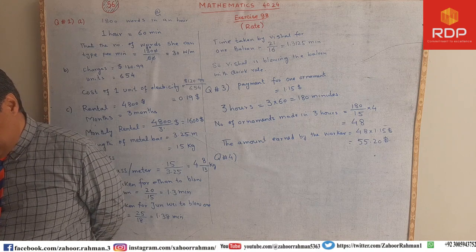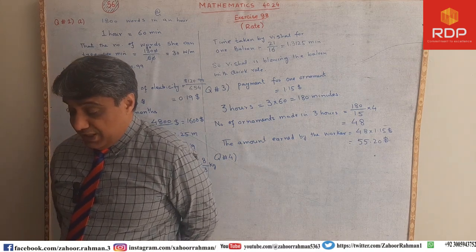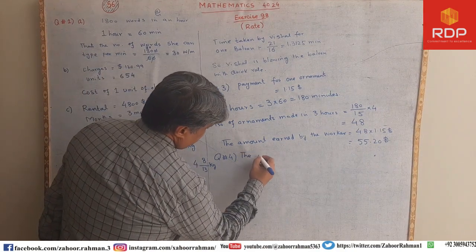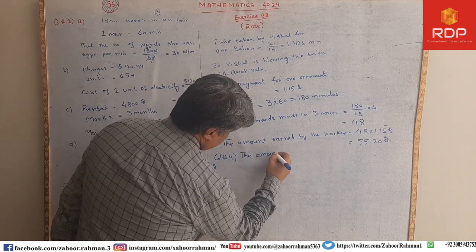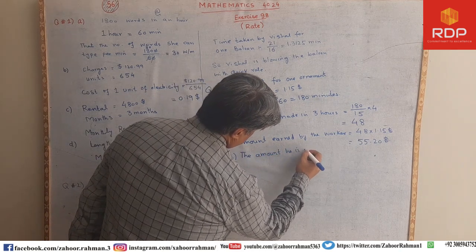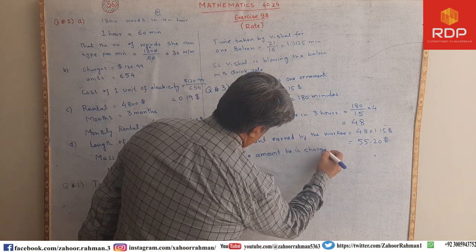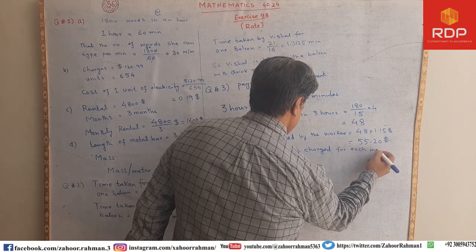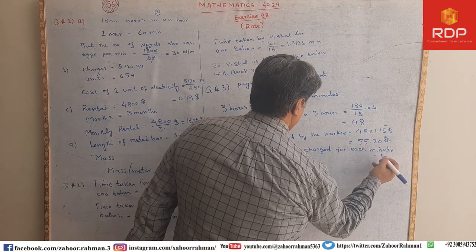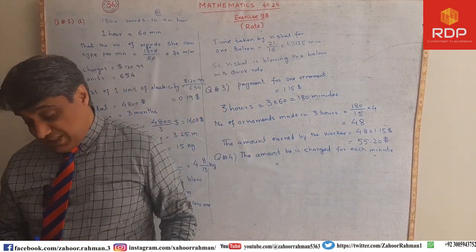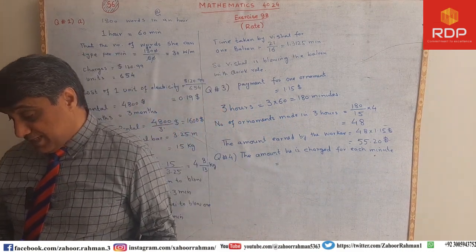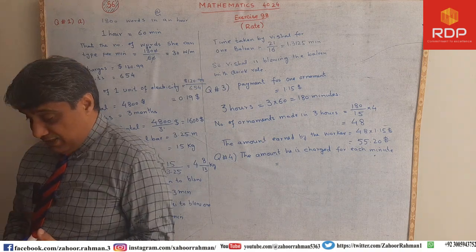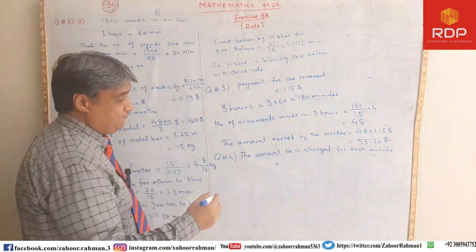The amount he is charged for each minute will be equal to the given data, and they gave us $39 for 650 minutes.